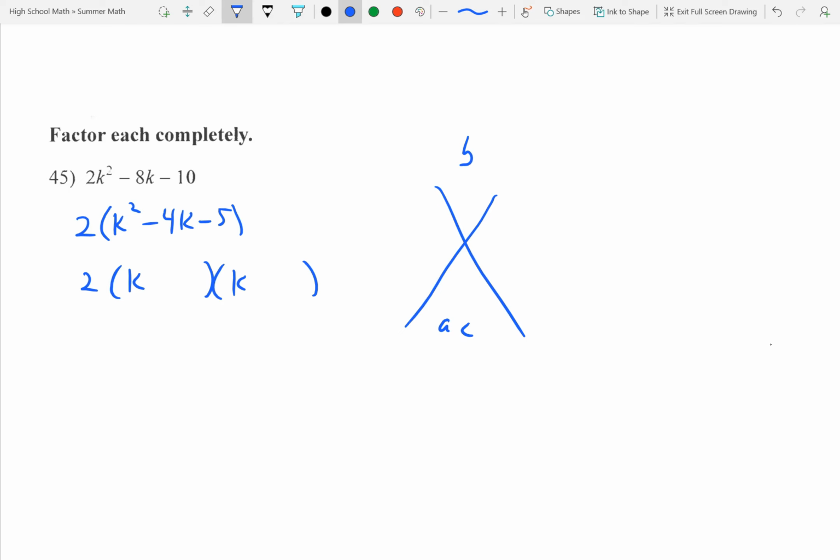In our case, a times c will be 1 times minus 5, a minus 5. B is minus 4. Since this is a negative, one will be plus, one will be minus. 5 is prime, 5 and 1. It has to be negative 5 and positive 1. These will go here. Plus 1 minus 5. We could distribute a check, but it will be correct.